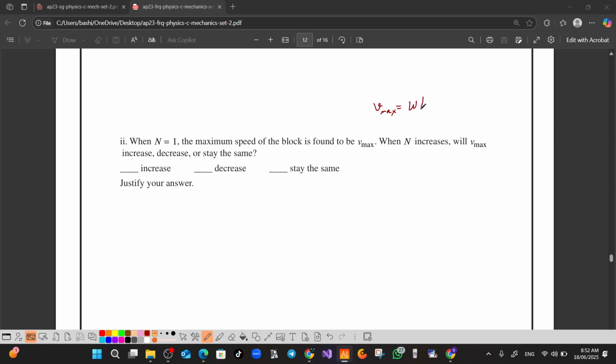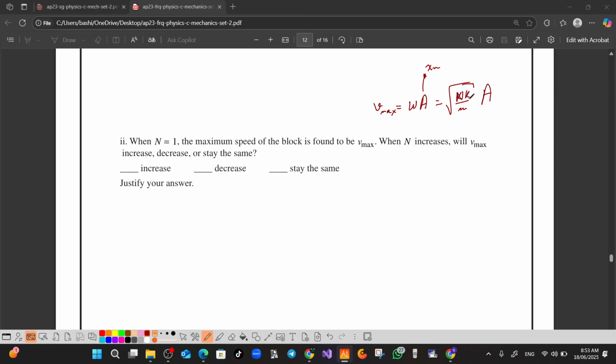It's omega times the amplitude, where the amplitude is just the x max. Now, the omega is radical k over m, times the amplitude. So the Vmax has something to do with the k, with the mass, with the amplitude. However, here we change the number of springs and we made them n. So let me add here nk.